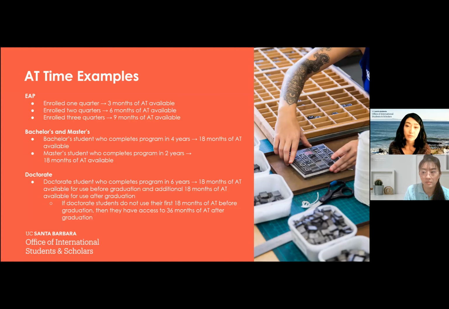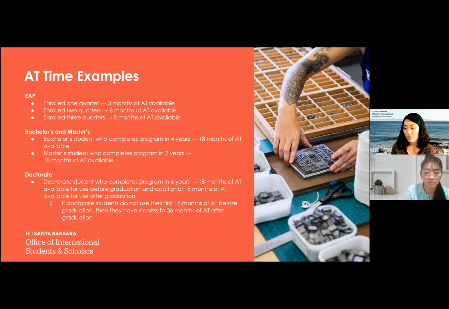Even though your program duration may have been 4 years, you're not eligible for 4 years of academic training. You're eligible for 18 months, because 18 months is less than 4 years. And same thing for the master's student. Let's say you complete your degree program in 2 years. Again, you're still only eligible for 18 months of academic training.